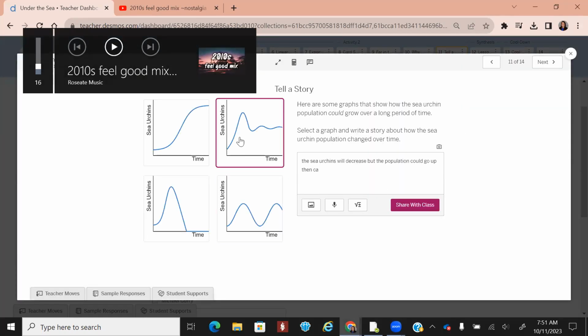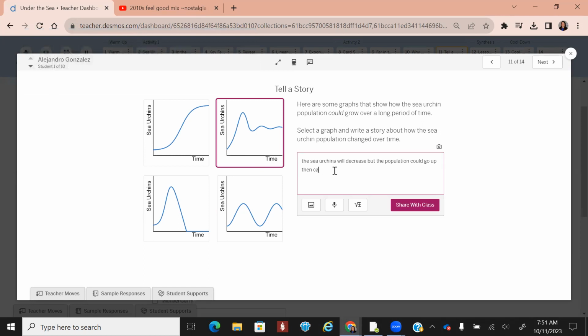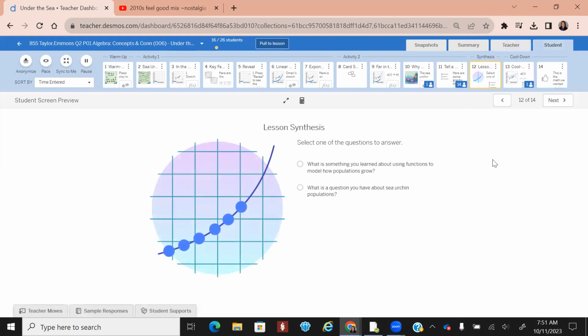He said this graph, and he said the sea urchins will decrease, but the population could go up. So it would increase, it would decrease because of something, and then maybe hold steady, right? Okay, good.